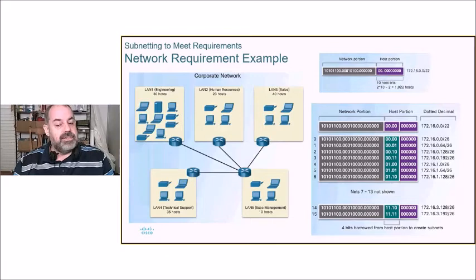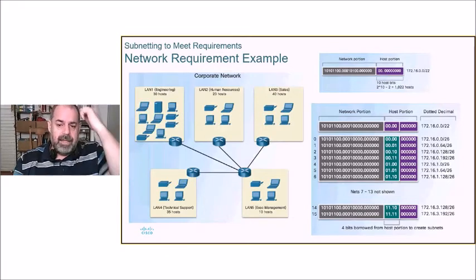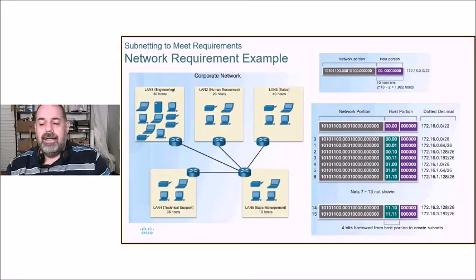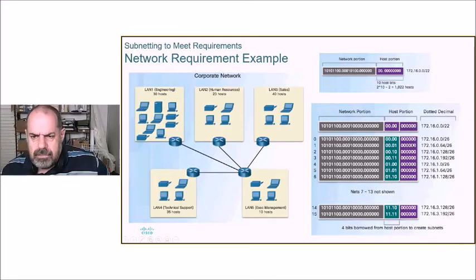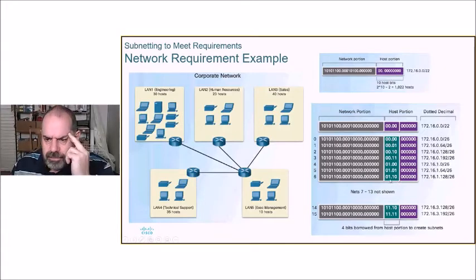And as I said, you probably need 9, and so that's why they've had to borrow 4. And so, of course, we've borrowed 4 bits. 1, 2, 3, 4, 5, 6.